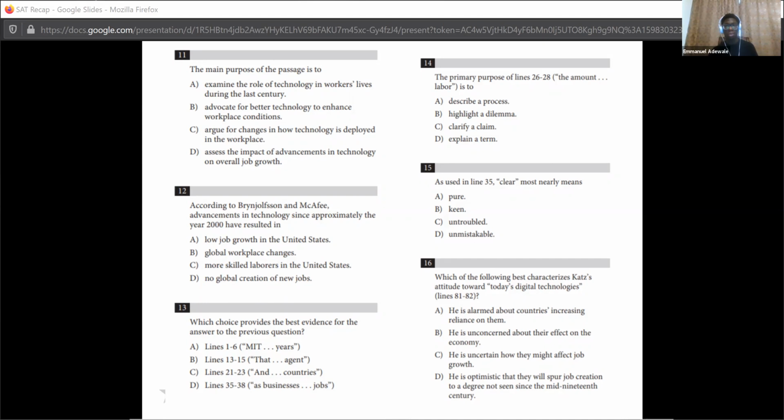And one of the lines that we find is that if technology disrupts enough, who knows what will happen? And that who knows what will happen most directly relates to choice C, that talks about him being unsure about how they might affect job growth. So yes, the correct answer for question 16 is C.